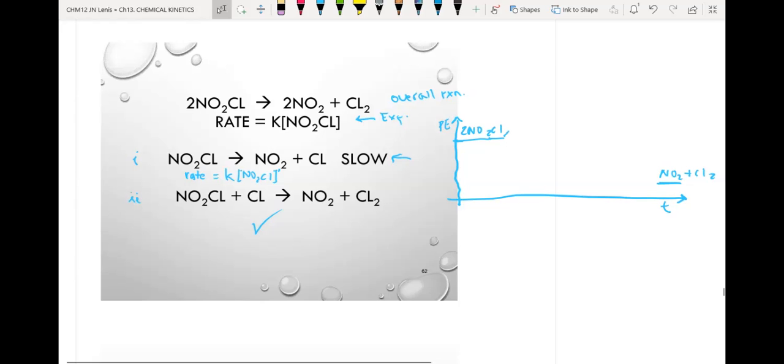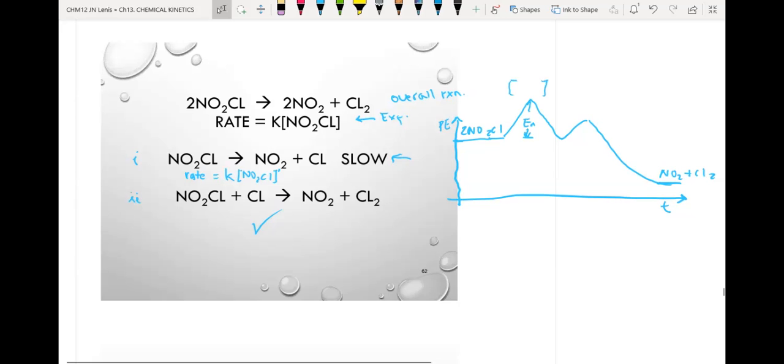So the highest is the first hill, then a small second hill, and then it forms products. 2 hills, 2 steps. The first step is the slowest, so it has the highest hill because it has higher activation energy during this transition stage.